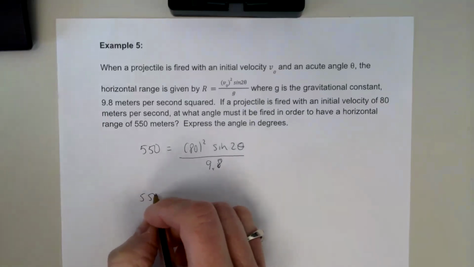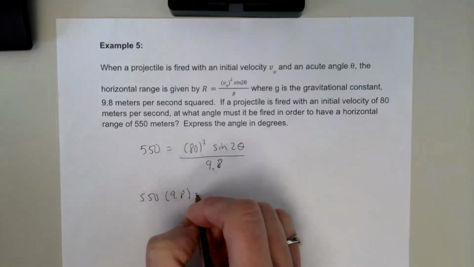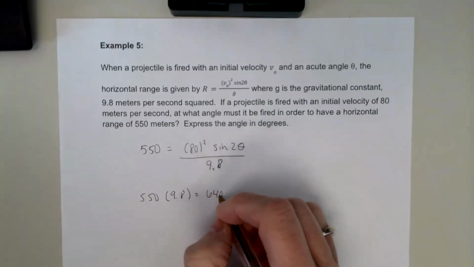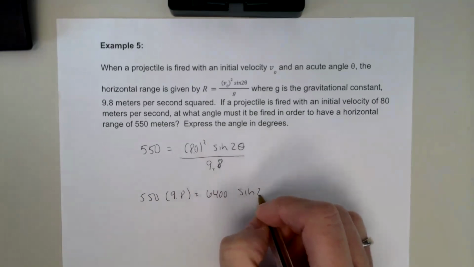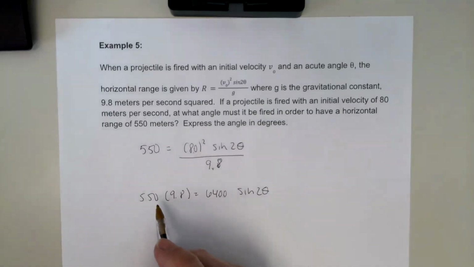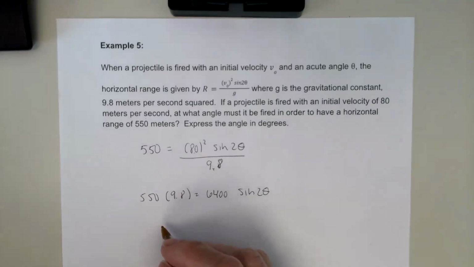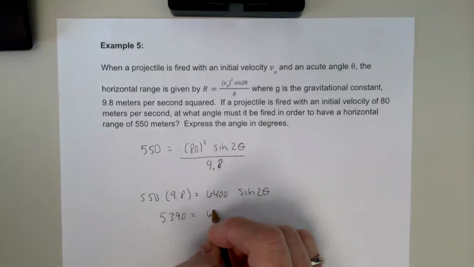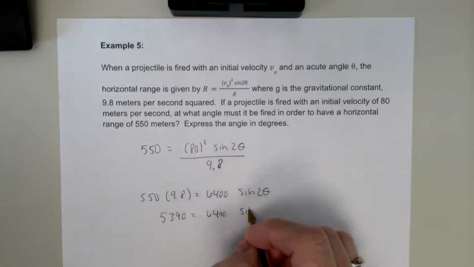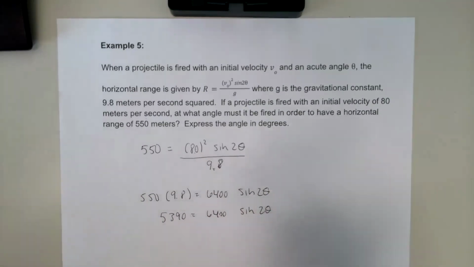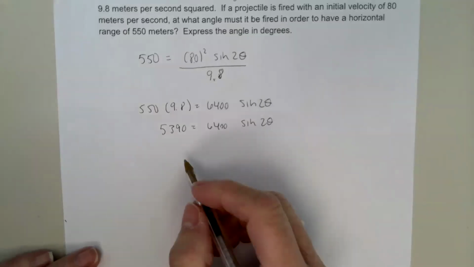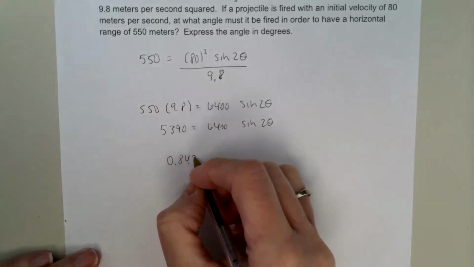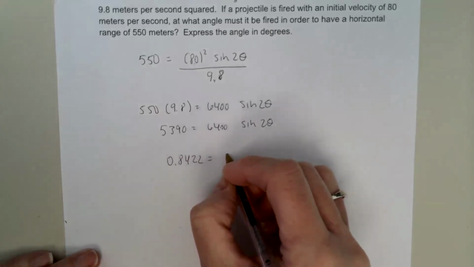So I'm going to multiply both sides by 9.8, and then 80 squared is 6,400. And 550 times 9.8 is 5,390. Divide both sides by 6,400. And when I do that, I get this ratio or decimal 0.8422.